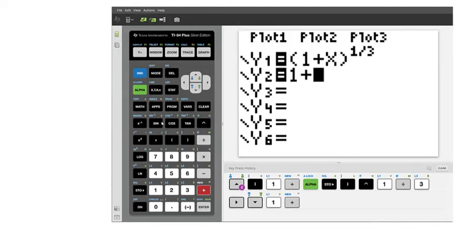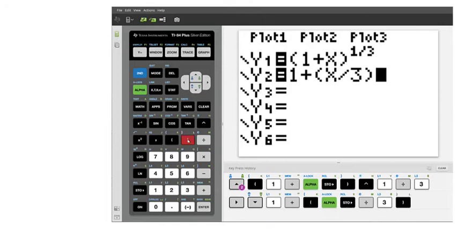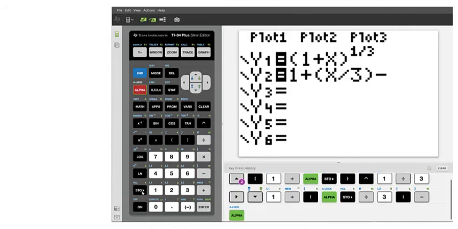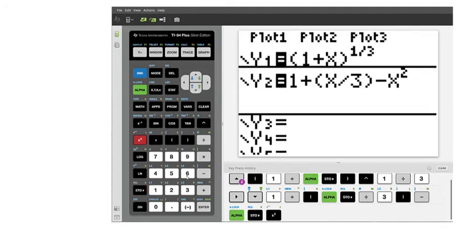plus, I like to put each term in parentheses, helps to avoid mistakes. So I've got x divided by 3, close the parentheses, and I'm going to subtract x squared.